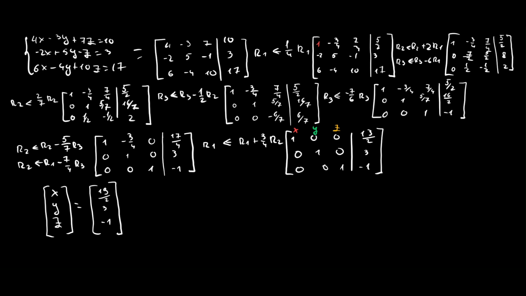Now let me show you how we can check if we got the right answers. Because it's very easy to make a mistake when there are so many steps to solve the matrix. So you gotta be sure you got the right results on the exam. Okay, so for that we have to take our solutions, we have to plug them in every equation.